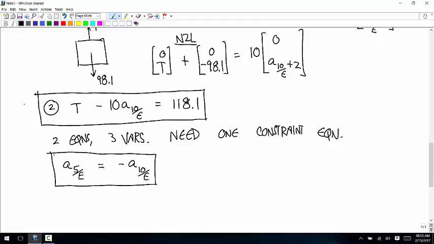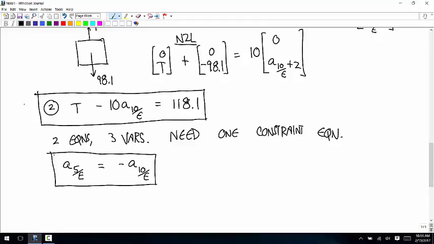Notice that constraint equation doesn't hold for the acceleration relative to the ground. If that elevator was going up at 1,000 meters per second squared, both of them would be accelerating upwards at close to 1,000 meters per second squared. But inside the elevator, that does hold.